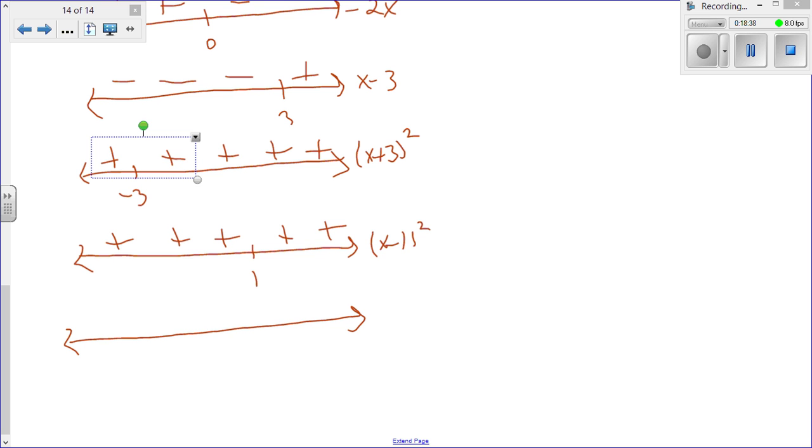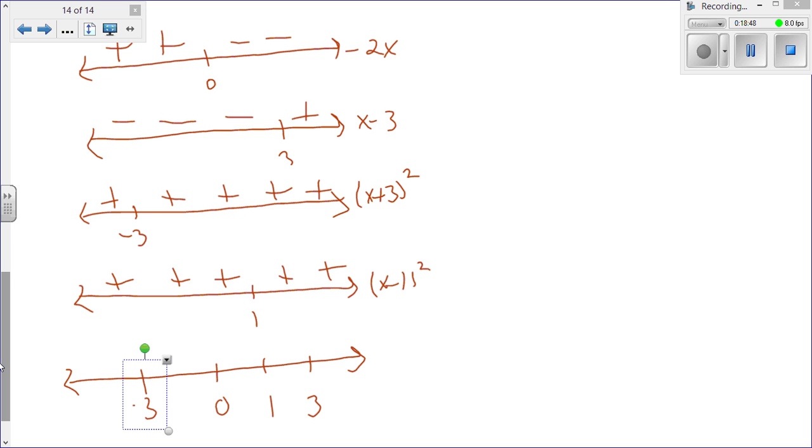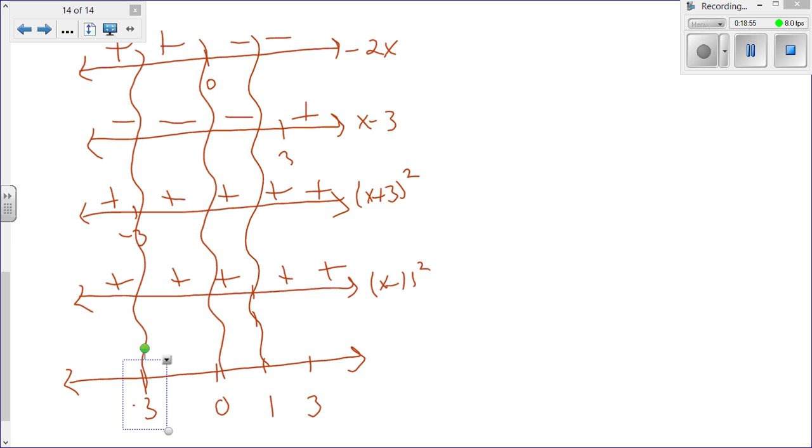So my final number line will have negative 3, 0, 1, and positive 3 on it. Kind of just to help myself line everything up. Negative 3, my 0, my 1, and my 3. So a positive times a negative is a negative, times another positive is still negative, times another positive is still negative.